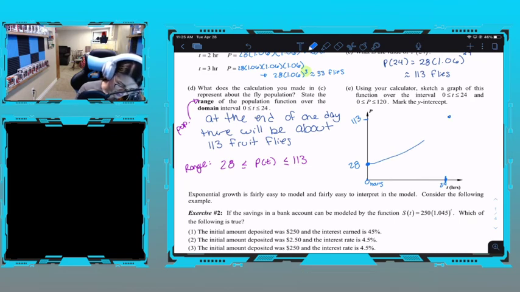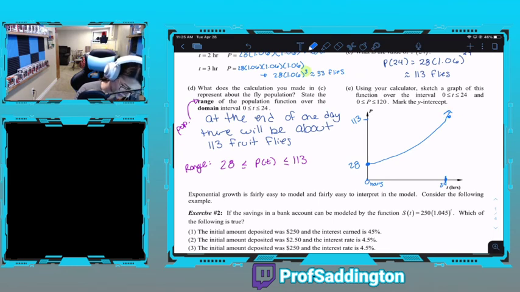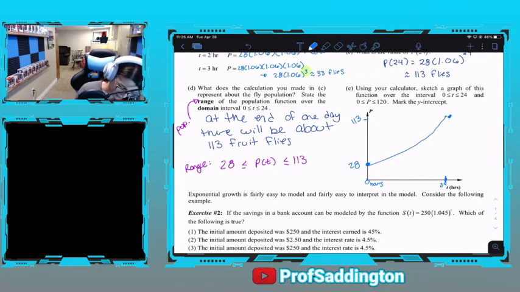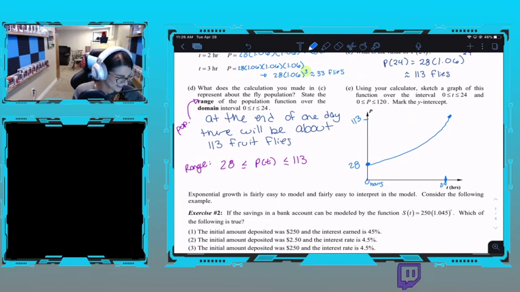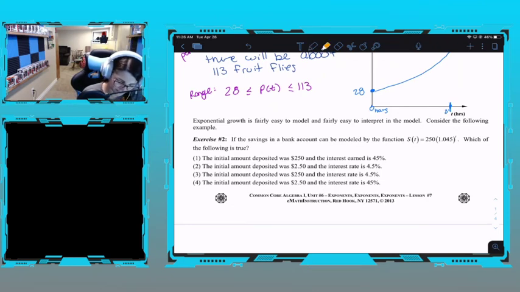So we can see we get this nice curve going up. I'm going to make that a little bit more curve-like. Right now it's looking a little linear. There we go. And I guess I should stop at the point. My drawing is so bad today. Whatever. It's a curve, right? All right, very good.